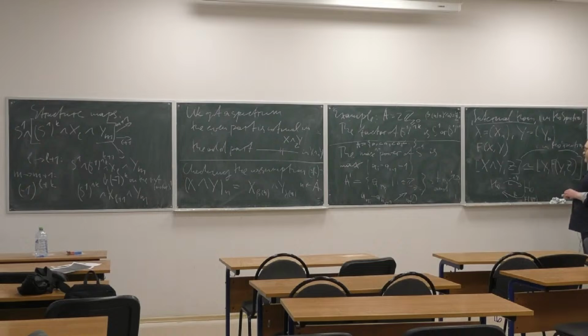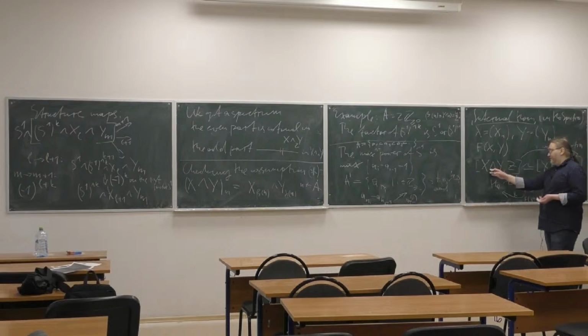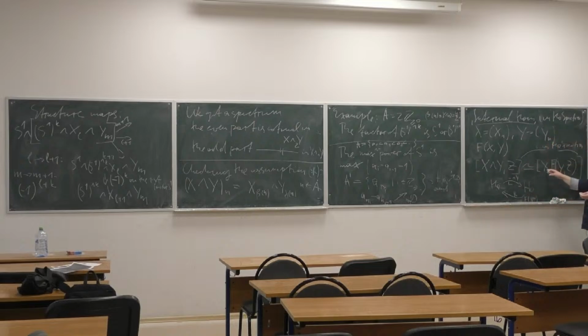Let's see. When we apply the left adjoint to X and to Z, it's the same as when we take the right adjoint to Y and take Homs from X. Okay, does this make sense?